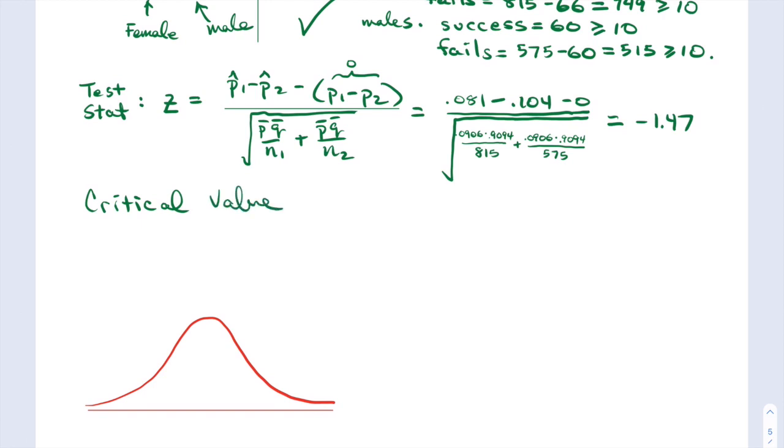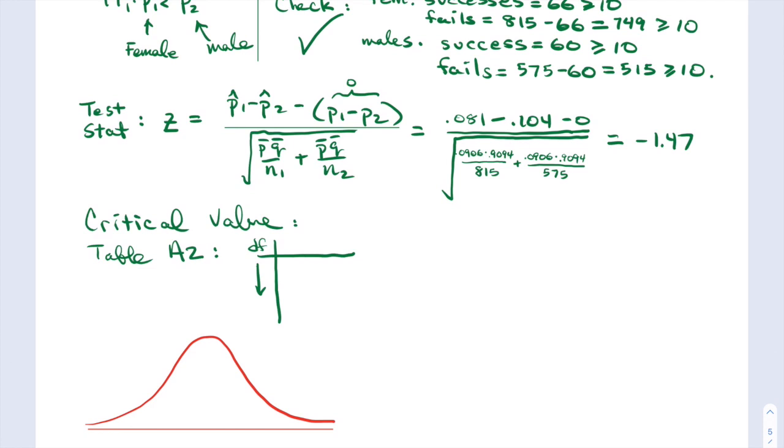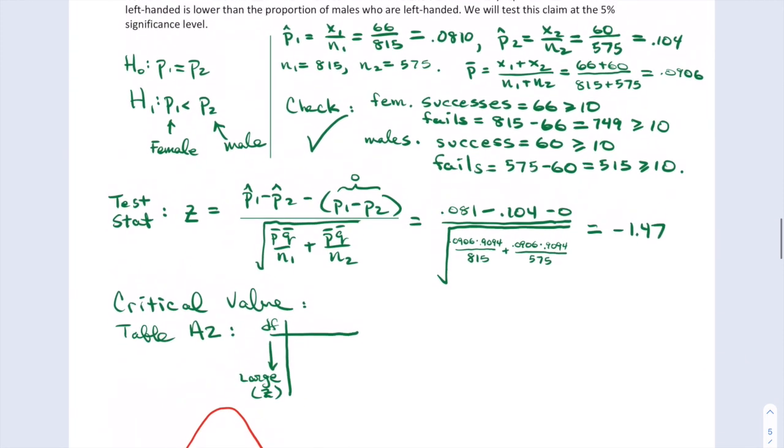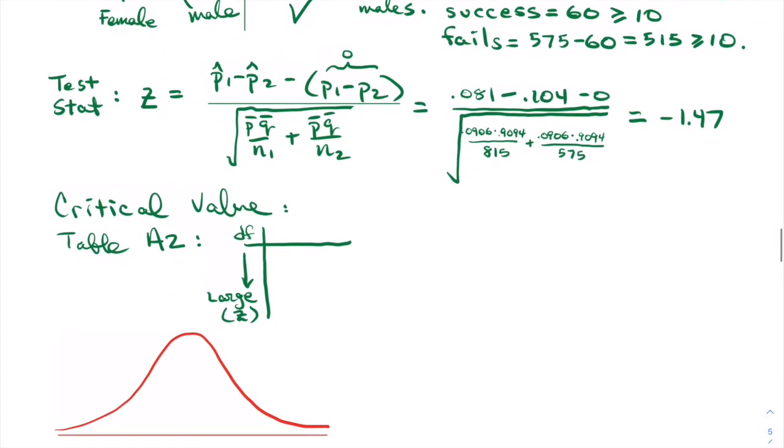So for the critical value, you want to go to table A2. Remember, for degrees of freedom, when it's z, you just go to the bottom row where it says large down there. Okay, our alpha is 0.05, and it's a one-tailed test.